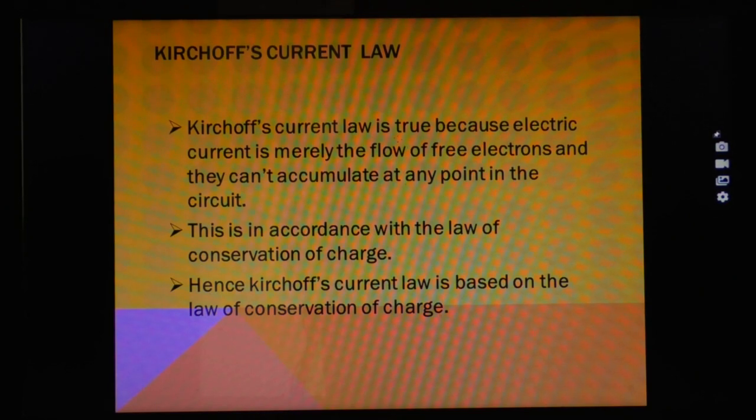They may be moving towards the junction, they may be moving away from the junction. This is in accordance with the law of conservation of charge. Hence, Kirchhoff's current law is the base of the law of conservation of charge.